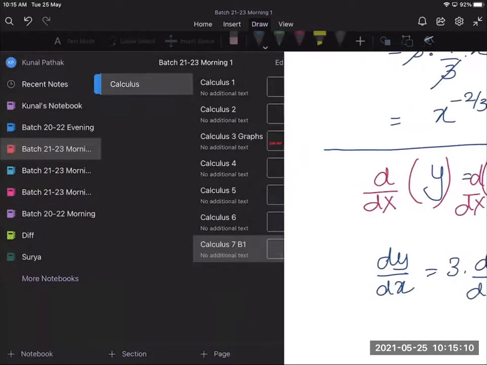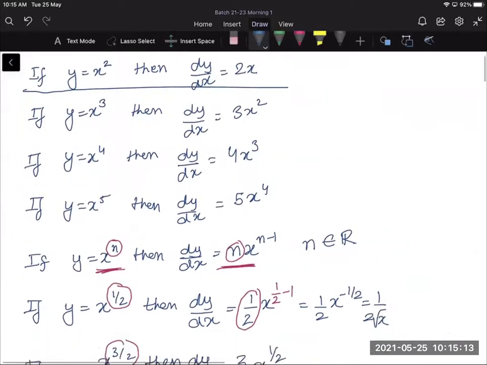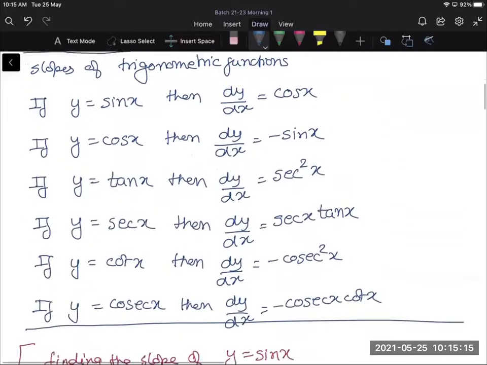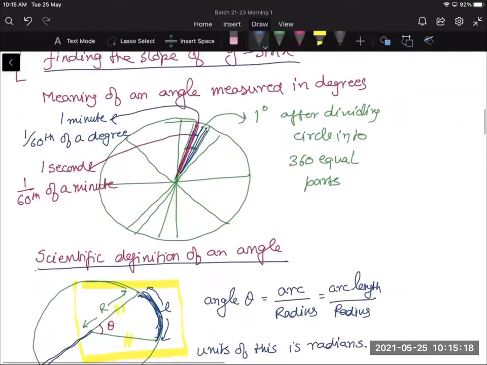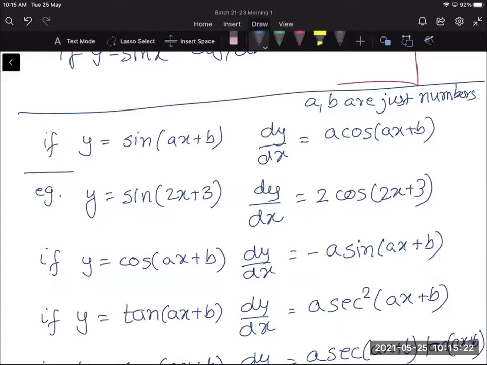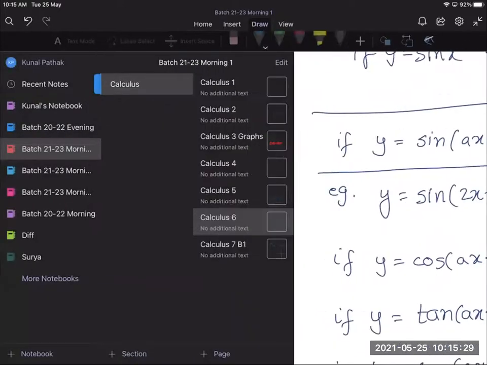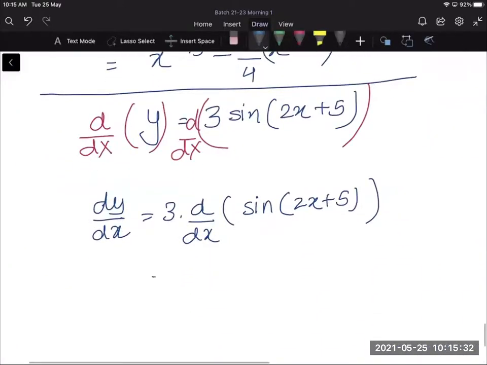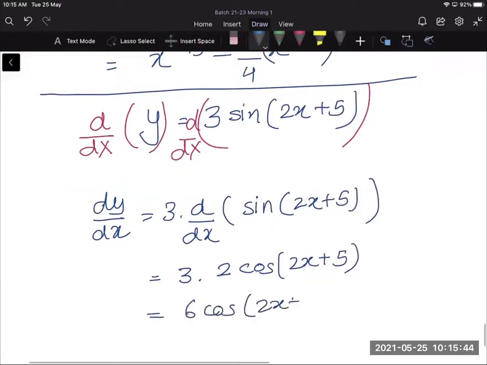Okay, and I go back, and I look at the table. ये रहा sine ax plus b का dy by dx is a cosine ax plus b, right? Come back. This should be equal to 3 multiplied by 2 cosine 2x plus 5, which is equal to 6 cosine 2x plus 5.